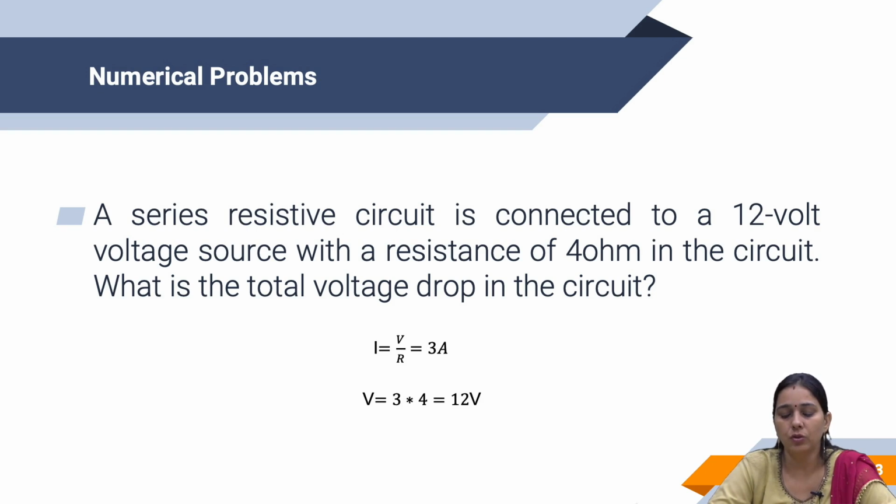If the total resistance is only 4 ohms and the input voltage source is 12 volts, then the current flowing through the circuit, given by Ohm's law, is 3 amperes. The voltage across the 4 ohm resistance will be equal to 12 volts only. Alternatively, if the value of resistance is not mentioned, the complete source voltage is still the voltage drop across a single resistance, that is 12 volts.